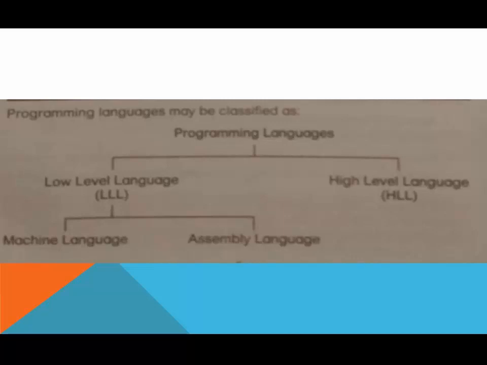And there are a lot of high-level languages. In this chapter, we are going to concentrate only on the low-level languages, that is the machine and assembly language. The high-level language part we will be discussing in our next video, in our next class. So let us move on to low-level language.